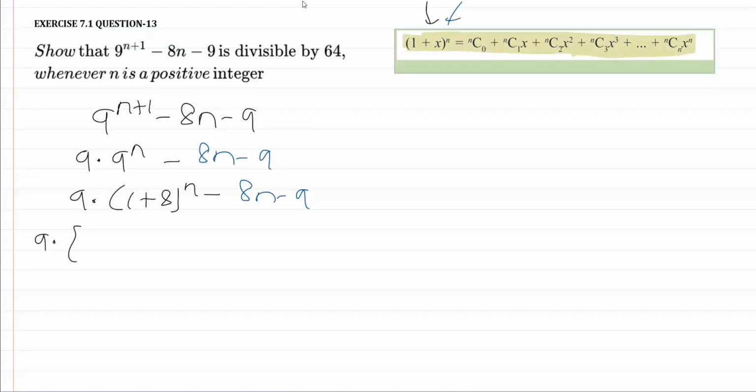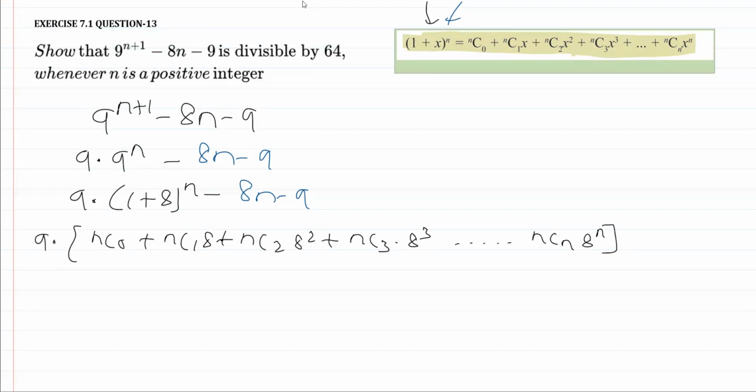This is NC0 plus NC1 into 8 raised to the power 1 plus NC2 8 raised to the power 2 plus NC3 8 raised to the power 3, and so on till NCn 8 raised to the power n. Now further, this should be followed by 8n minus 9 copied. I did the expansion of this part only.